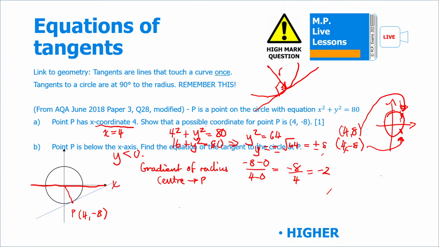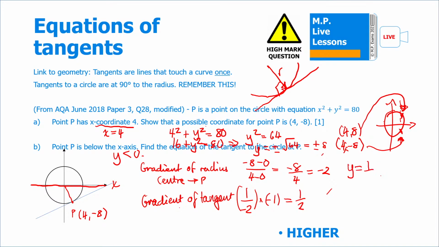Since the tangent meets the radius at 90 degrees, the gradients have a negative reciprocal, which we just learnt. So the gradient of the tangent will be 1 divided by the negative 2. We multiply this by minus 1. So in the end we get a half. So our equation starts off like y equals half x plus c.